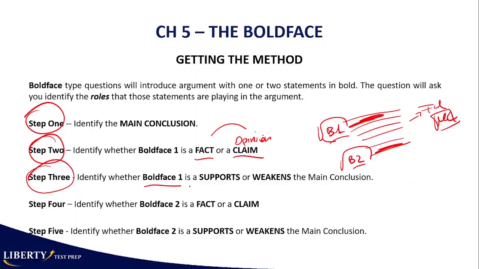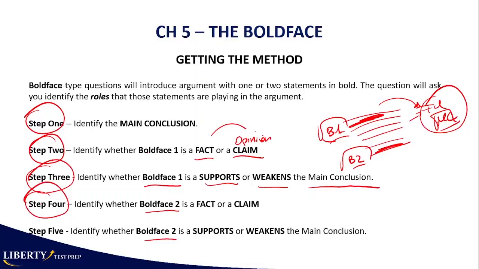And then step number 3. You have to check whether bold number 1 supports or weakens the main conclusion. Remember, in step number 1, you already identified the main conclusion, so you have to see the relationship between bold number 1 and the main conclusion, whether it's a positive relationship or a negative one, if it supports it or if it weakens it. Then you do the same thing for bold number 2.